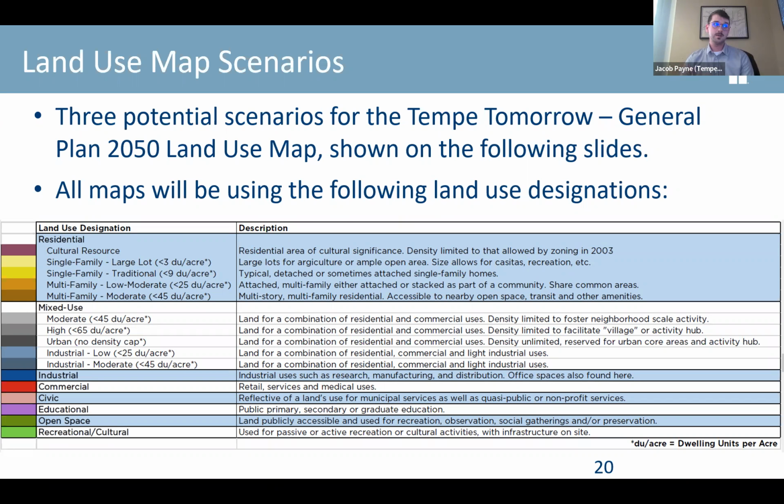So there's the low version of that, which is up to 25 dwelling units per acre, and the moderate, which is up to 45 dwelling units per acre. The next couple are pretty self-explanatory: industrial, office, manufacturing, commercial, retail services, medical, civic spaces, educational, open space, and the recreation cultural designations.